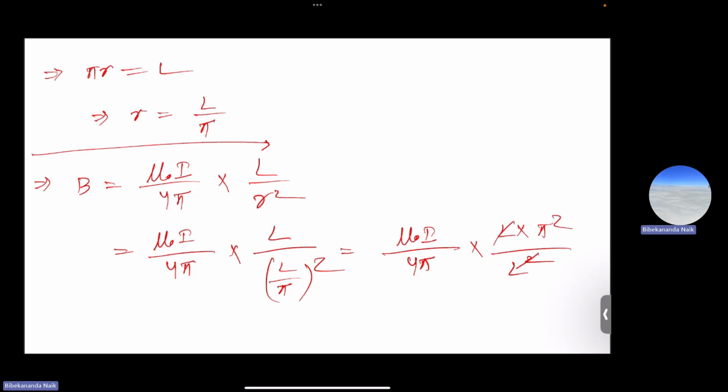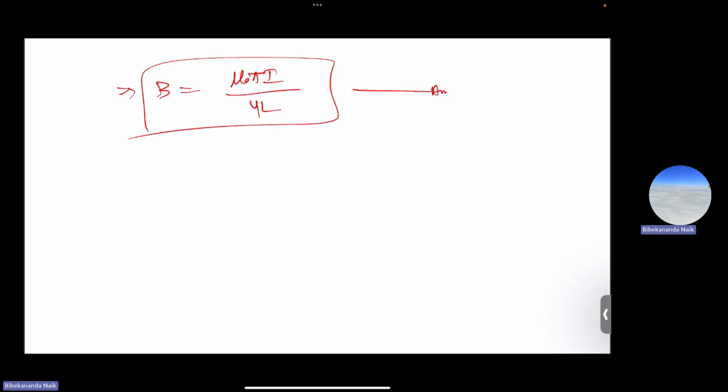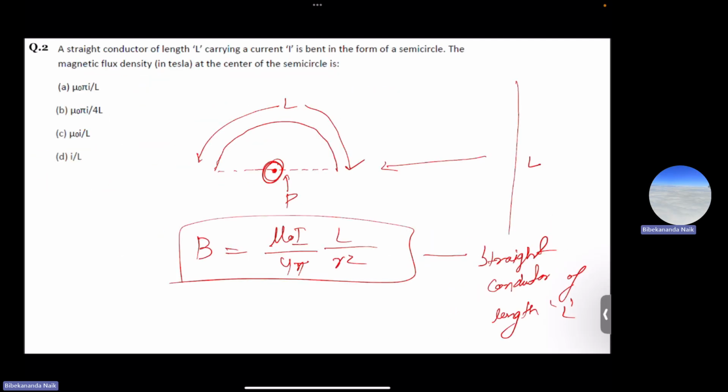So one L gets cancelled out, one pi gets cancelled out. It is mu 0 pi I divided by 4L. So that will be B equals mu 0 pi I divided by 4L. So the correct option is mu 0 pi I divided by 4L, that is option B.